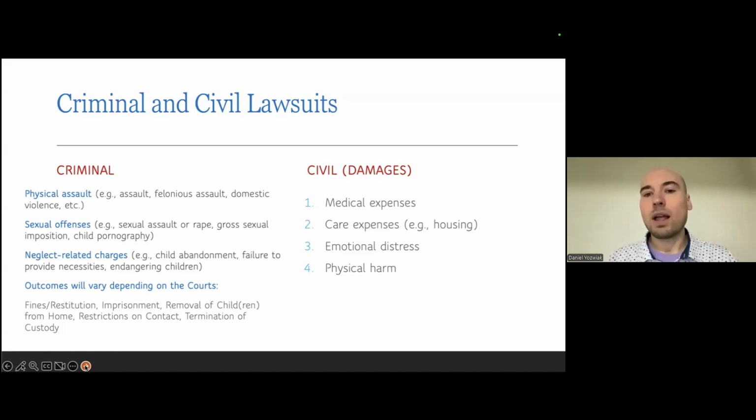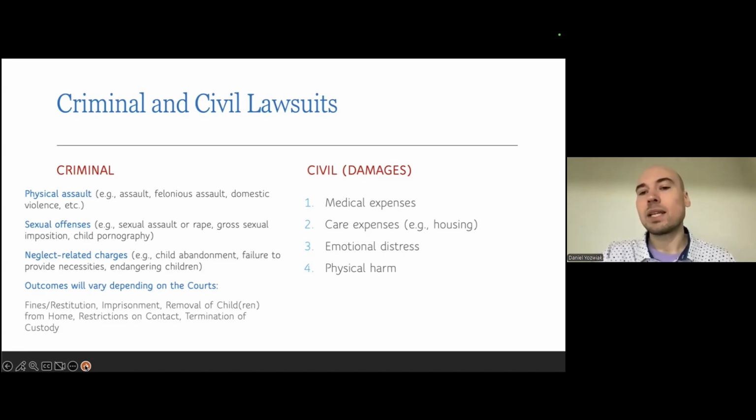When we talk about neglect, not getting appropriate medical treatment for a child, abandoning a child, those all fall under endangering children under the law. This even includes a parent who is drunk driving with their child in the car. Anything that creates a risk to the safety of a child typically falls under endangering children. And of course, the outcomes do vary.